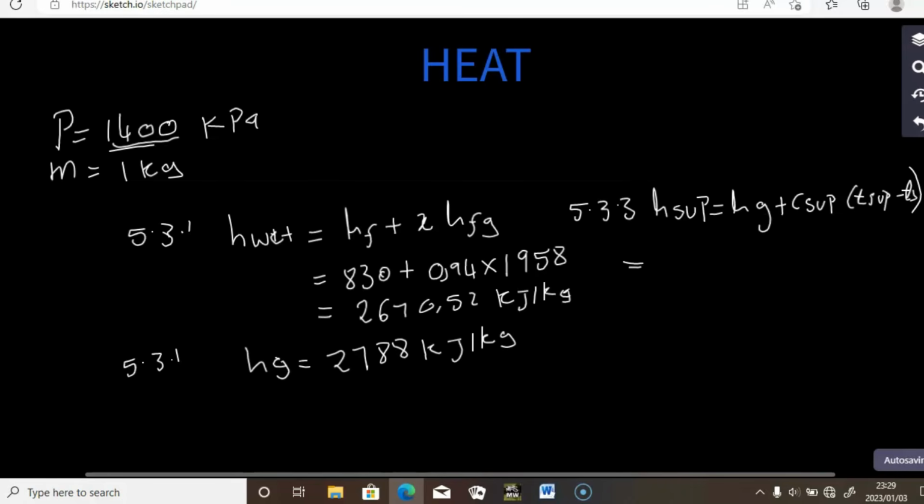We are still using this pressure. So we go to the steam table and extract the value of hg, which is this one.